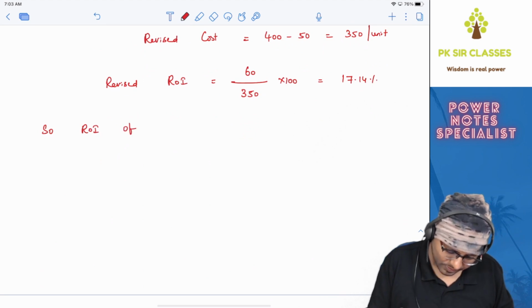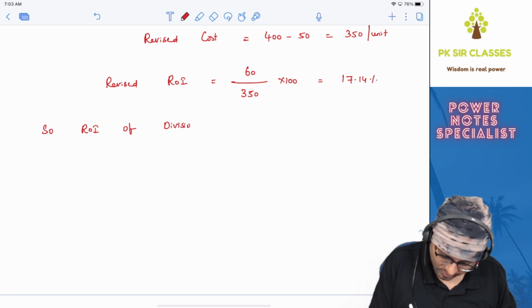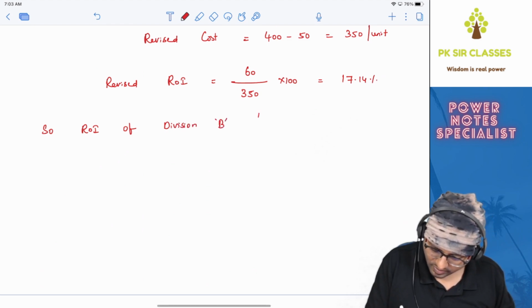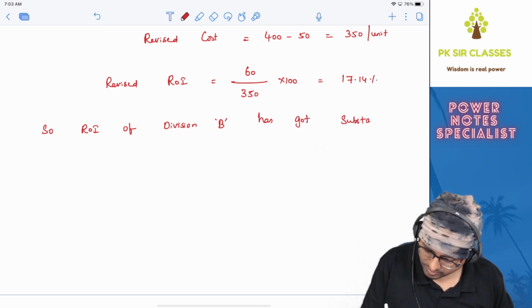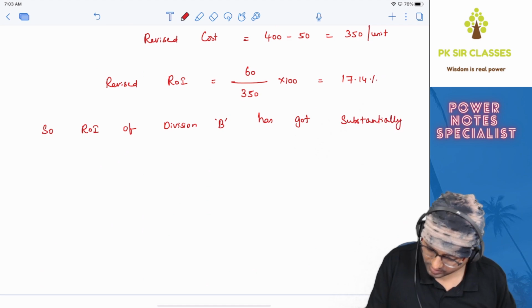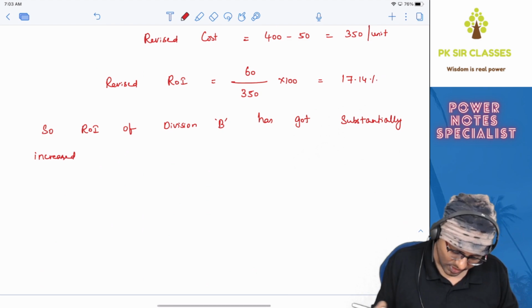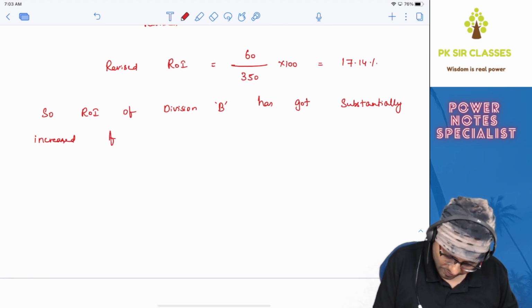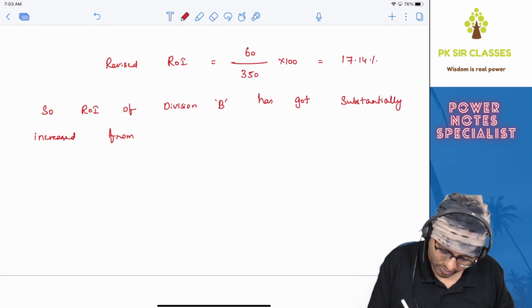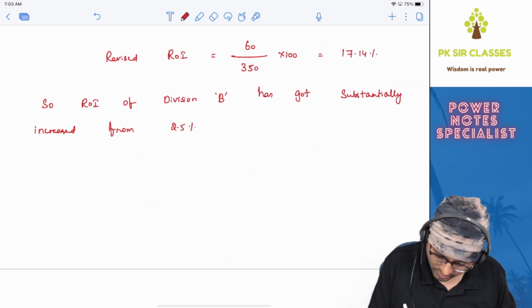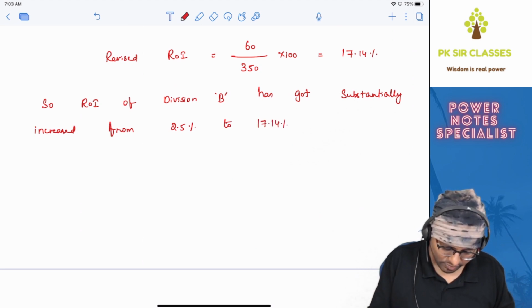Okay, so ROI of division B has got substantially increased from what percentage earlier? 2.5% to 17.14%.